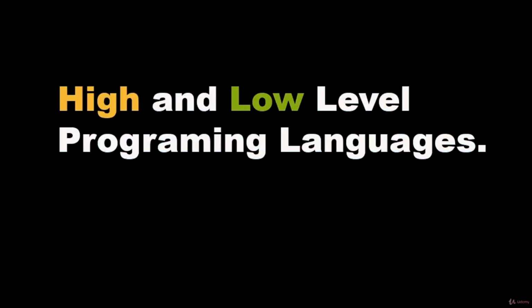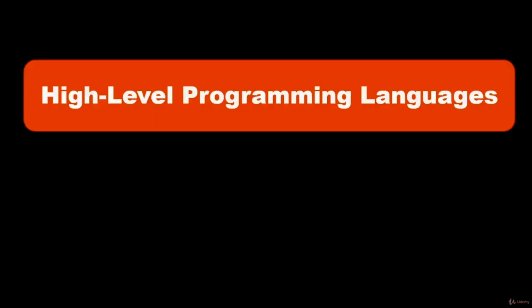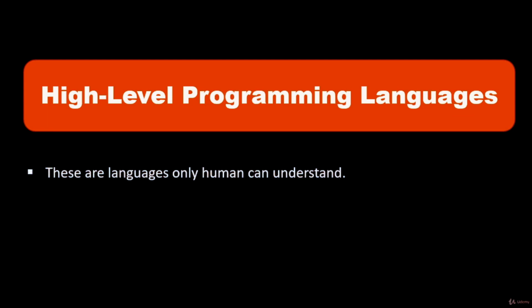Hello and welcome. In this video, I will introduce you to high and low-level programming languages. What are high-level programming languages? These are languages that only humans can understand. So computers can't understand them unless they are compiled or interpreted.